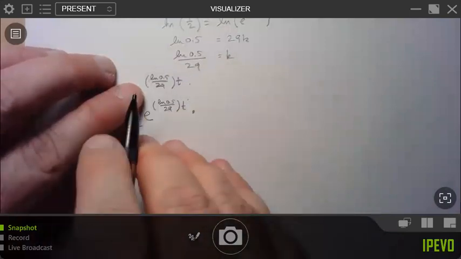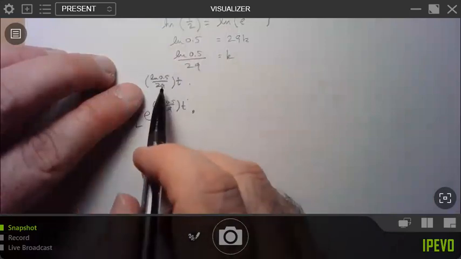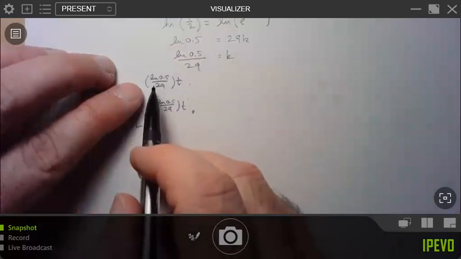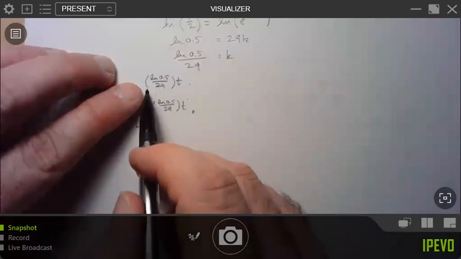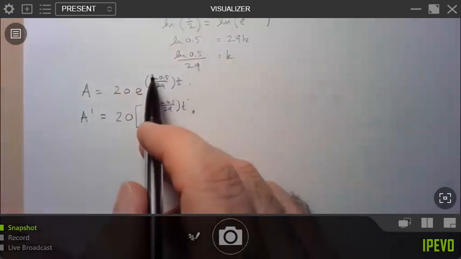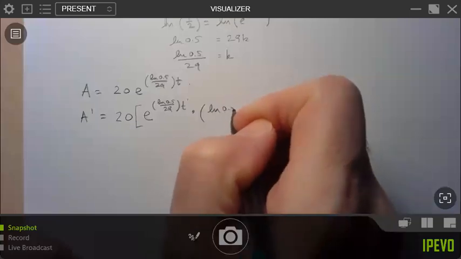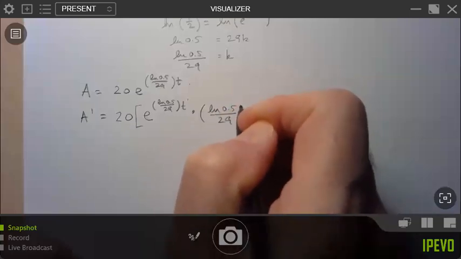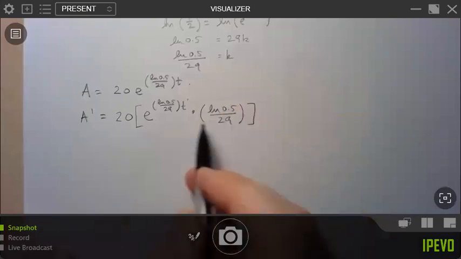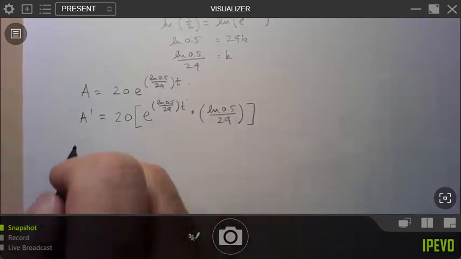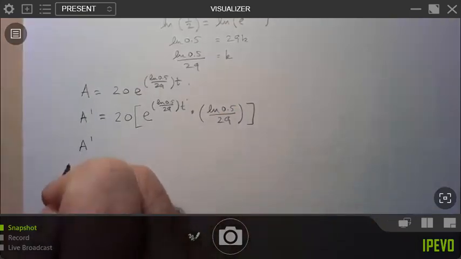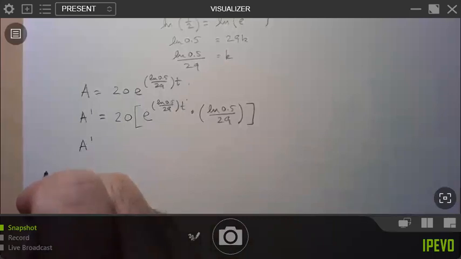It's just a number. So if it was the derivative of 5t, it would just be 5. If it was the derivative of 10t, it would just be 10. So what's the derivative of this function? Just ln 0.5 over 29. So ln 0.5 over 29, and this is my derivative. And now I'm going to determine this derivative at the 20-year mark.